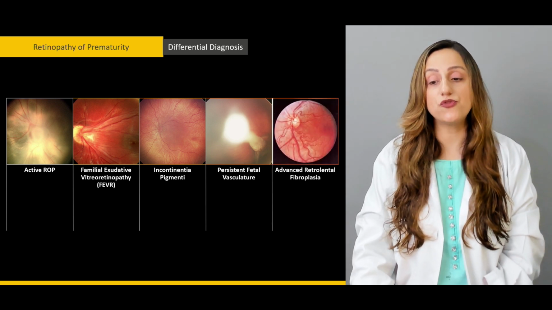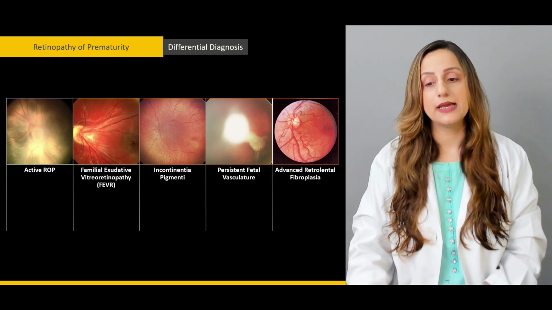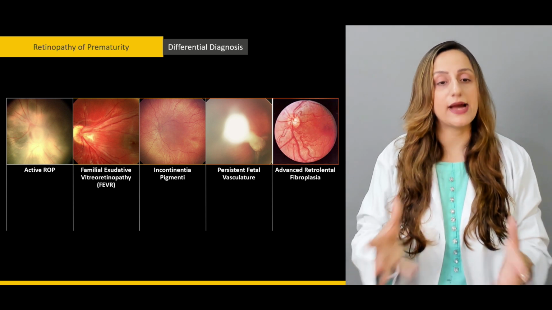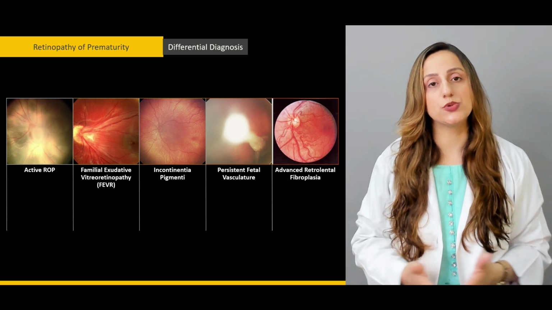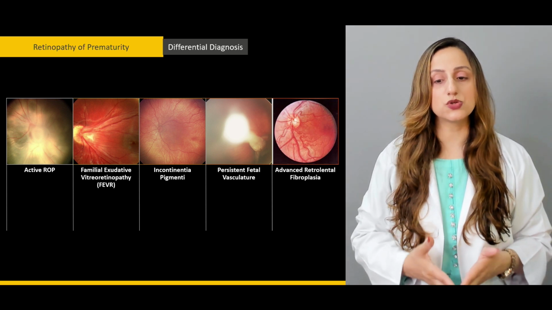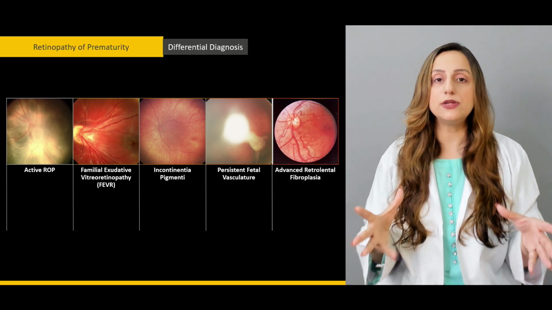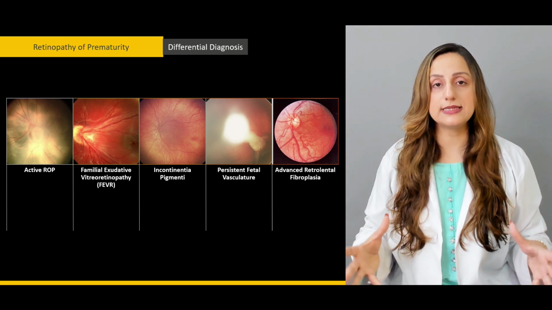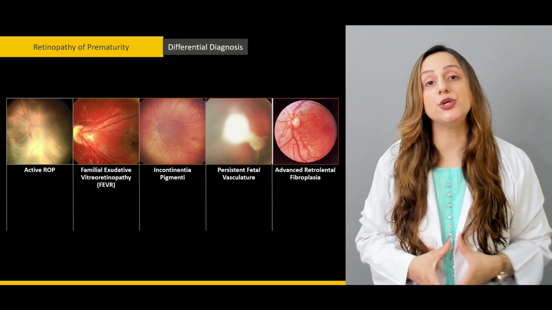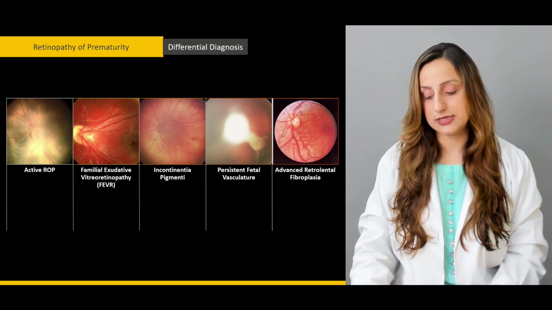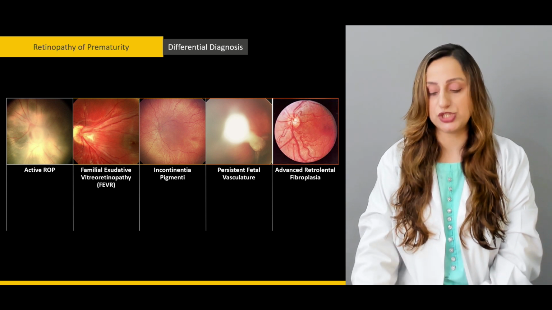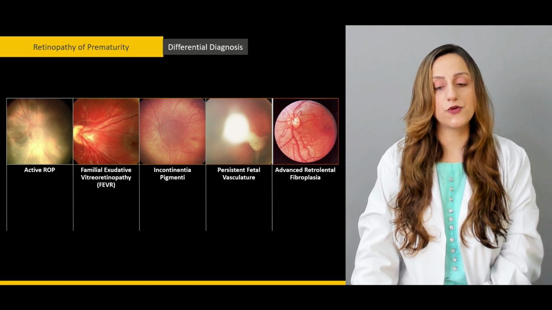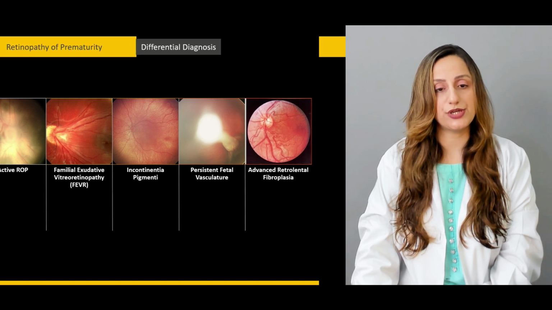The advanced vitreoretinal fibroplasia is again one of the varieties of this particular condition in which there is also neovascularization seen. So all of these conditions have a similar factor: you can see neovascularizations, or you can see retinal detachments in these conditions. So you have to know how to differentiate this condition from the other conditions over here.